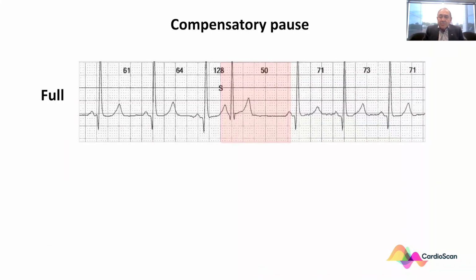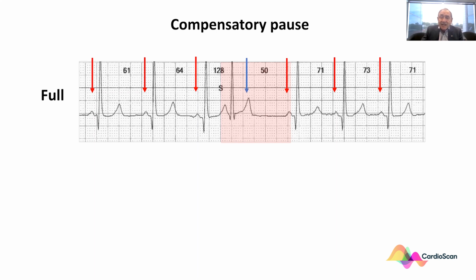I'd like to now briefly cover what I call the compensatory pause. One can see here in red highlight an atrial ectopic with a pause, and this is called a full compensatory pause. To explain, we have a look at the P waves in the red vertical arrows, and there is one vertical arrow not there.